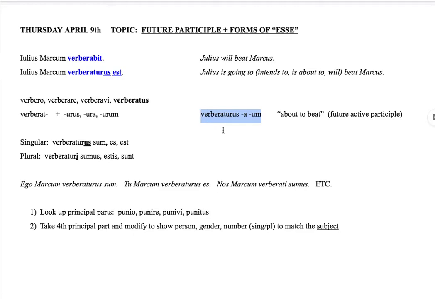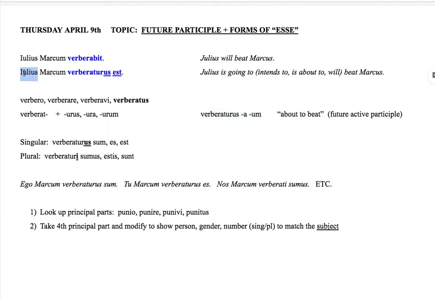The future active participle always shows an active action. Somebody is about to beat somebody, not about to be beaten. So the gender is going to be determined by whoever it is that is about to beat someone or about to do whatever the action is. If Amelia is about to beat Marcus, right?